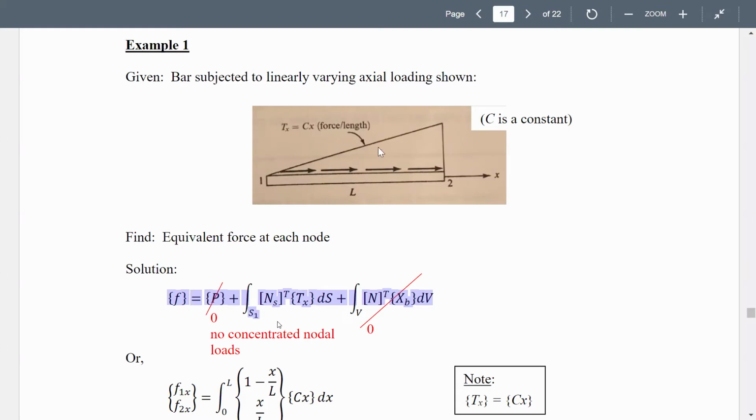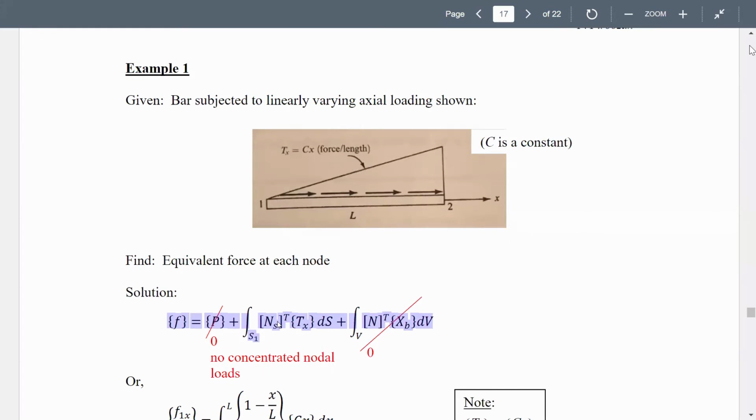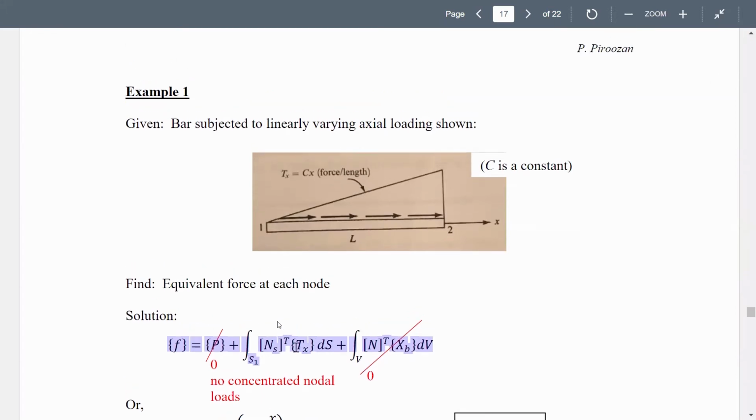Let's see what happens to this formula in this problem. This term represents concentrated nodal forces. Do you see concentrated forces at nodes? Yes or no? No, there are no concentrated forces, so this is out.